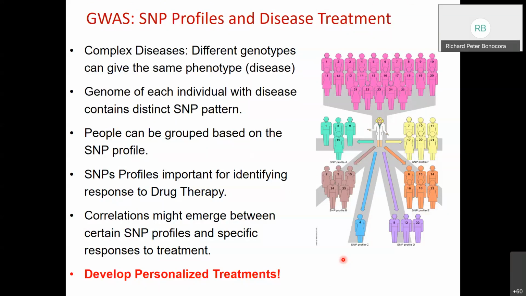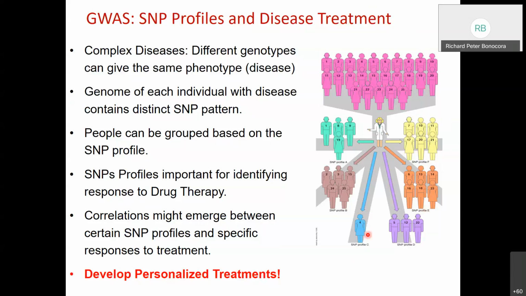So if you have a bunch of individuals with this disease and you determine the SNP pattern for each of them, you might be able to break them down into different groups based on the profile from this GWAS, the SNP analysis. And so you can have these different groups.